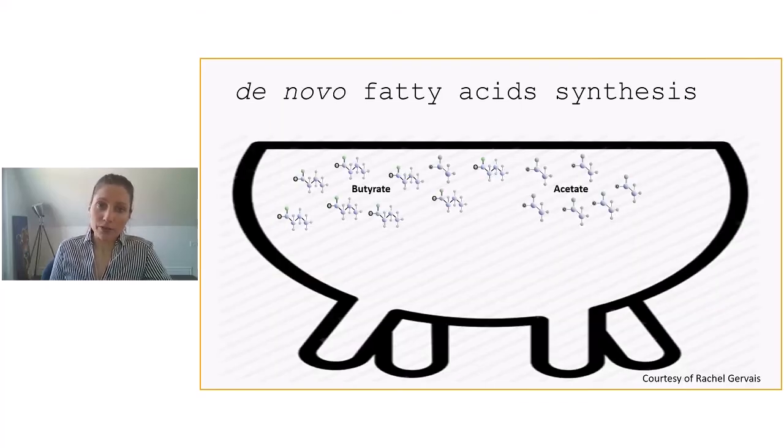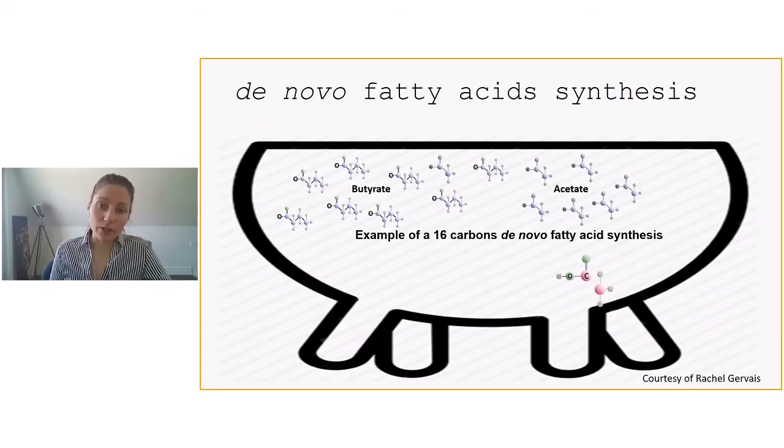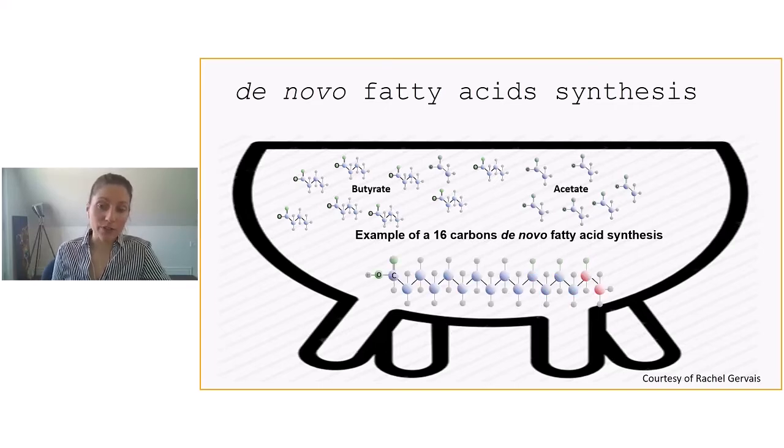For example, a 16-carbon de novo fatty acid synthesis in the mammary gland starts with a butyrate, and then acetate molecules are attached to it until the de novo fat is completely synthesized. And then this de novo fat will be found in milk fat, and that's how we're going to analyze it.